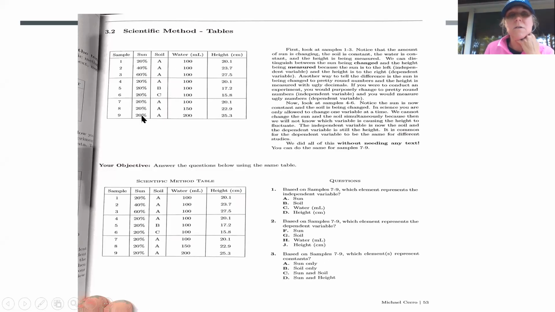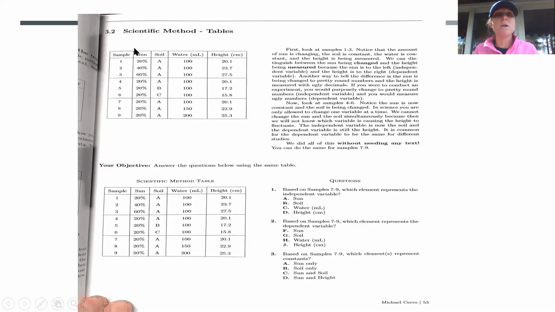If you look, especially in samples 1 through 3, sun is our independent variable, and height is what we are measuring. So that's our dependent variable. This is what we're changing to impact height. One clue is that when you are controlling a variable, you control it in little round numbers, and what you're measuring is in decimals, because you can't control the outcome.